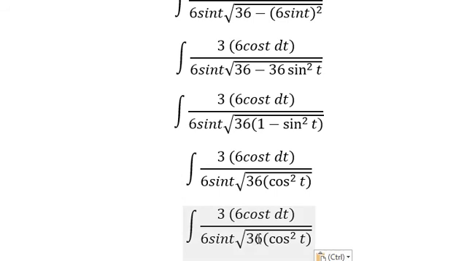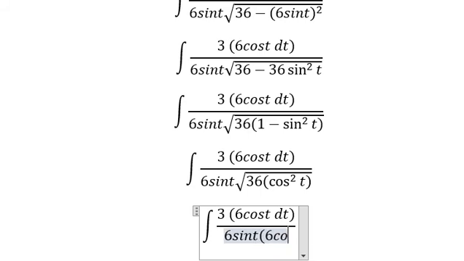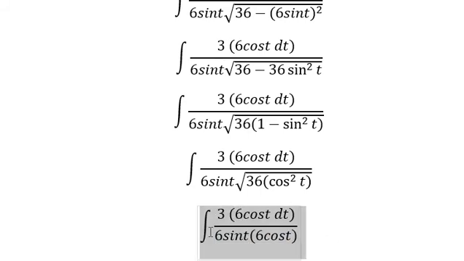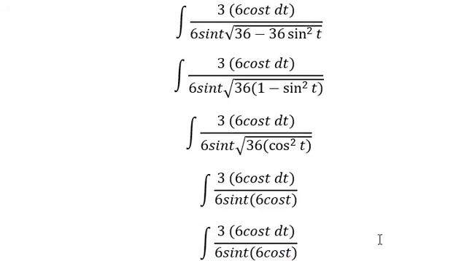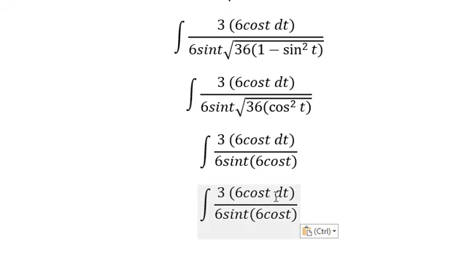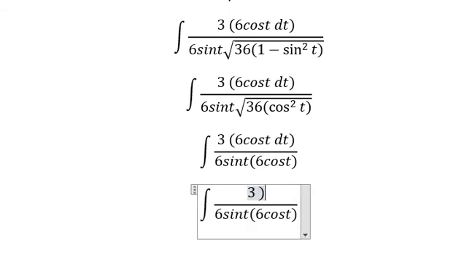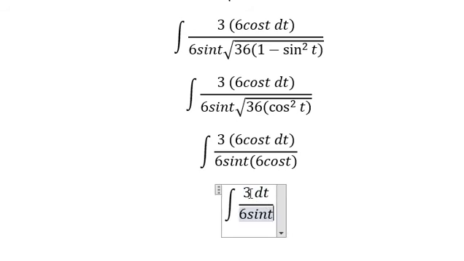The square root of 36 cosine t squared, you get 6 cosine t. We simplify 6 cosine t, 6 cosine t. 3 divided by 6, you get 1 over 2.